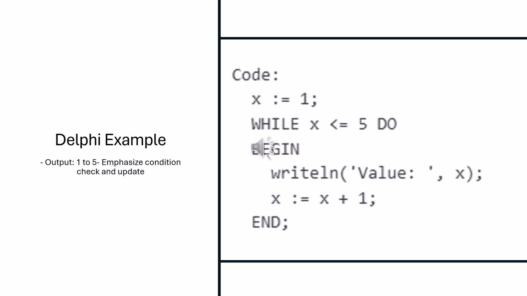You say I loop equals 1, and while I loop is less than or equal to 5, do this: write inside the output component the value and the number, and I loop equals I loop plus 1. This means it starts from the value 1 until it reaches 5, then the loop will stop execution.